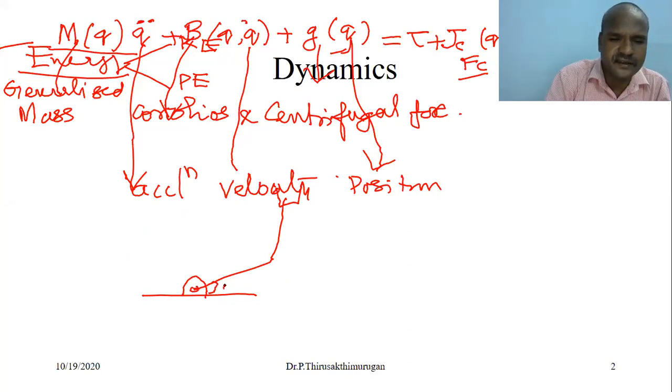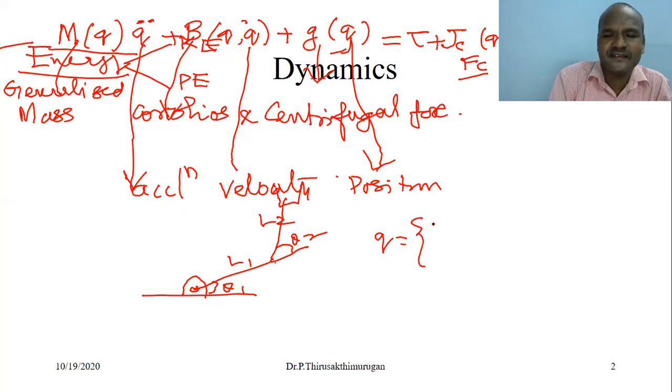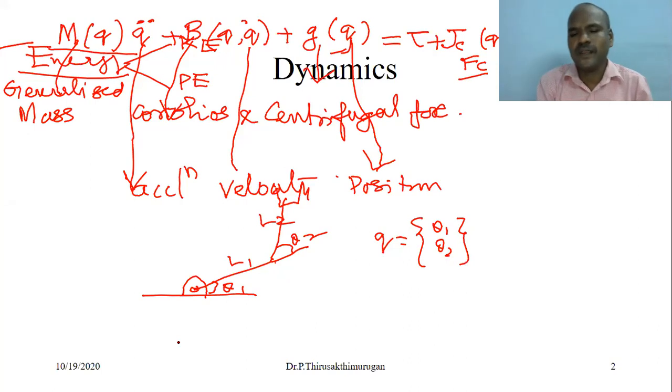Say this is theta 1, this is theta 2. This is L1, this is L2. So the Q here is represented as theta 1 and theta 2. So this is for a two-link manipulator.